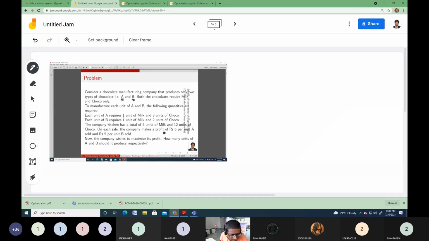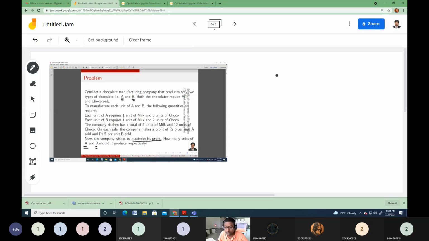On each sale, the company's profit is 6 rupees for the A type chocolate and 5 rupees for the B type chocolate. Their main goal is to maximize profit. So you have to identify the number of A type chocolates and the number of B type chocolates, and give the manufacturing company a solution saying that if it produces this number of A type and this number of B type chocolates, it will get the maximum profit.